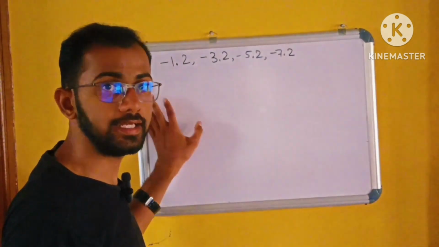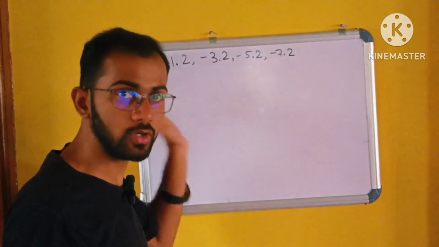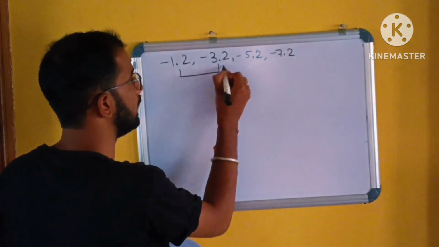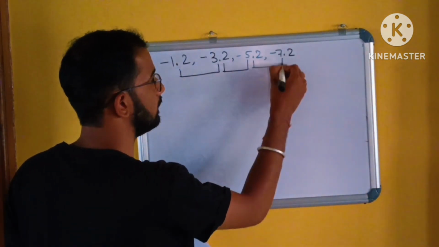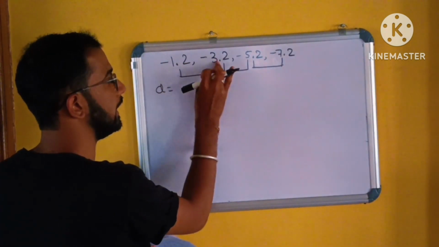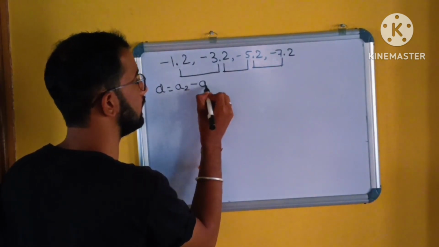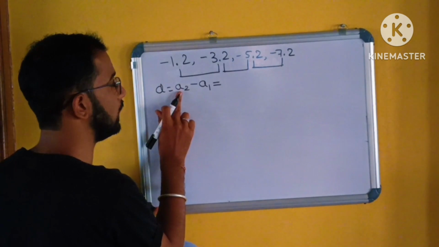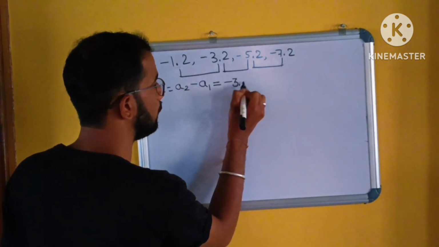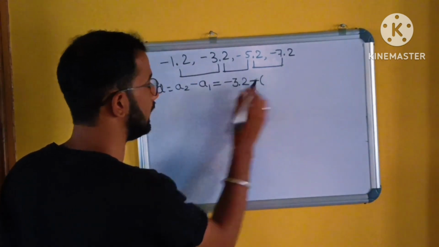First task is we need to check whether this sequence is in arithmetic progression or not. Let's check. First we need to find out the common difference, D. That is D equals A2 minus A1. What is the value of A2? That is minus 3.2. Minus, what is the A1 value?